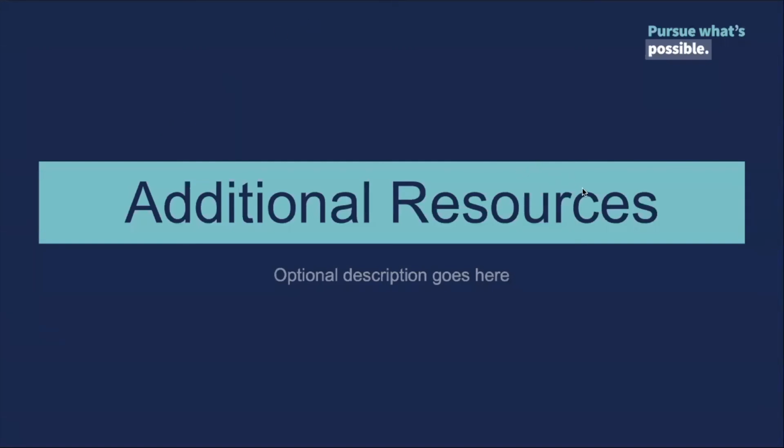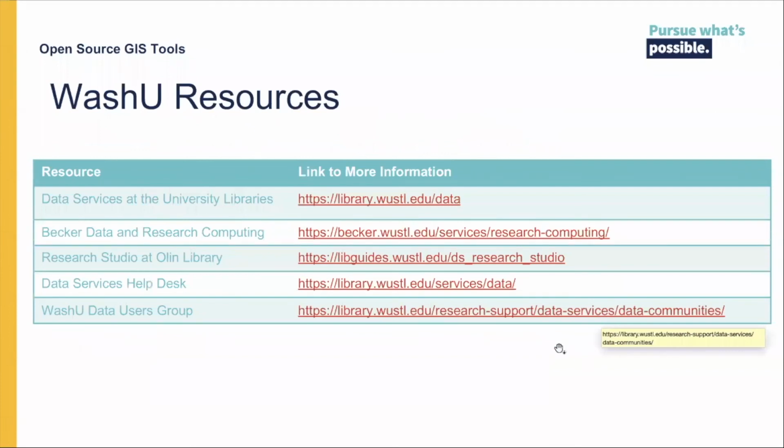So now I want to talk about additional resources. I want to talk about WashU resources. So we are Data Services, a resource that you can use. If you have any questions about open data or open source GIS software, feel free to contact any of us on the team.